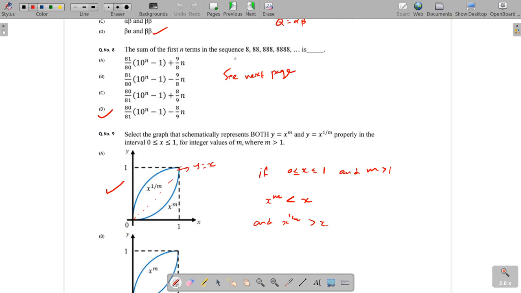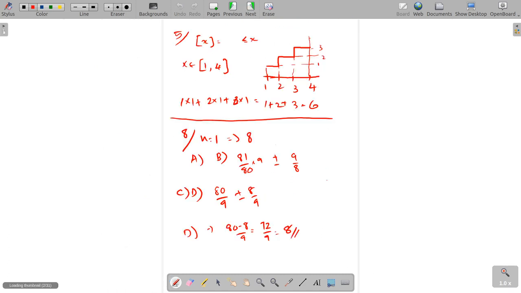So the sum for n equal to 1 is 8, for n equal to 2 the sum is 96, n equal to 3, and so on. So what you can do is, just by trial, try to find out which one is the actual formula. So here I am just putting by trial.